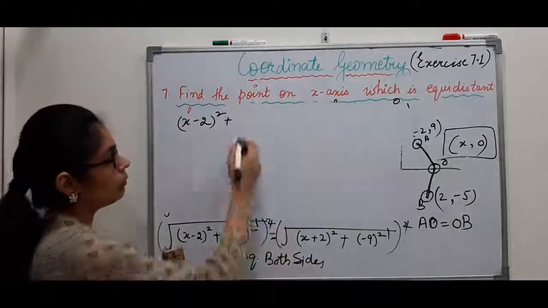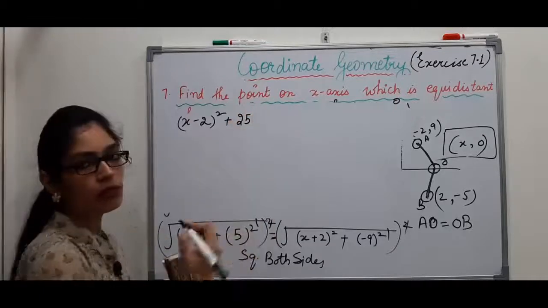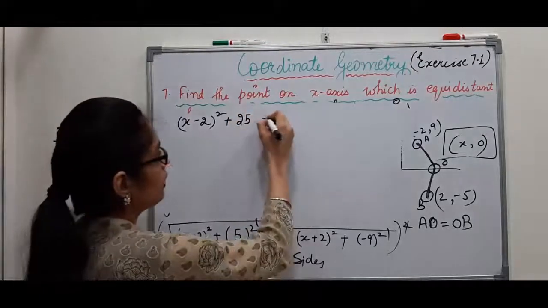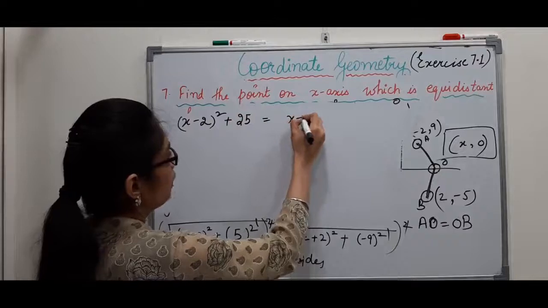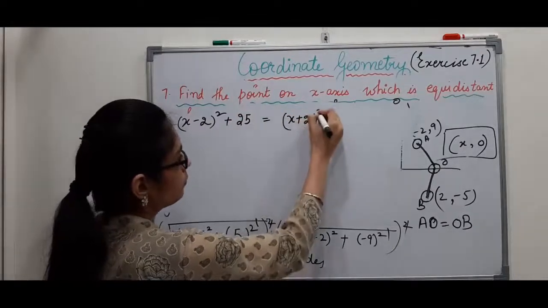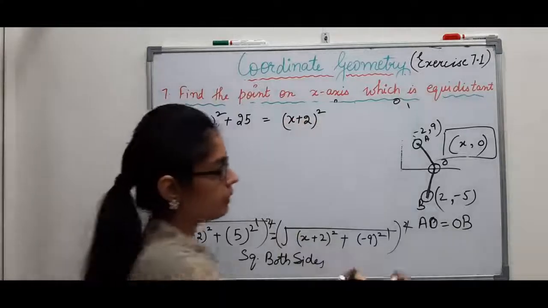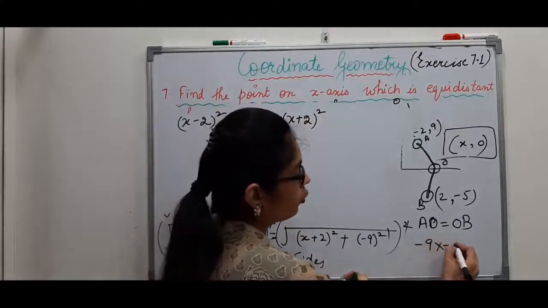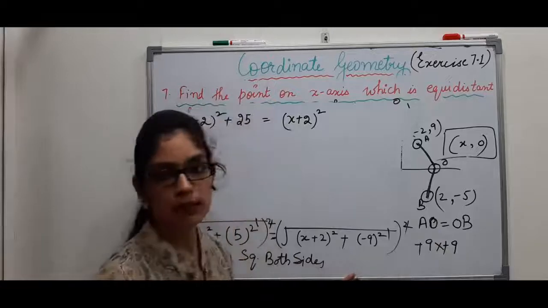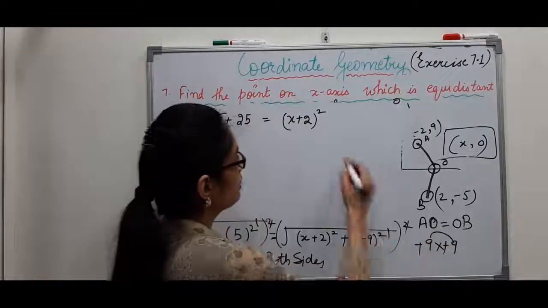So 5 square will be 25, because 5 into 5 is 25, equals x plus 2 whole square plus minus 9 whole square. Minus 9 whole square means minus 9 into minus 9, the minus and minus signs will get cancelled. 9 into 9 is 81.